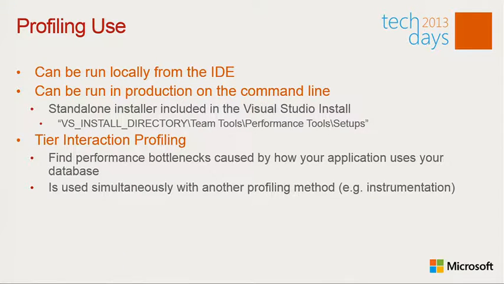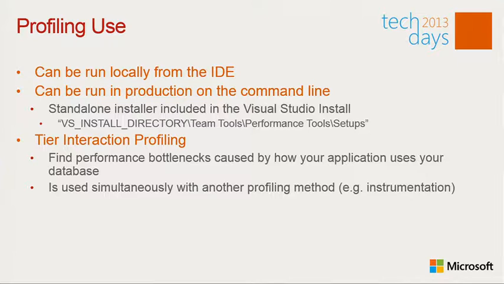So the profiler can be run locally from your IDE, but it can also be run in production from the command line. There's a standalone installer that comes included when you install Visual Studio. If you just go to that directory, you can grab the setup and move that to your production machine so that you can solve those performance issues there.